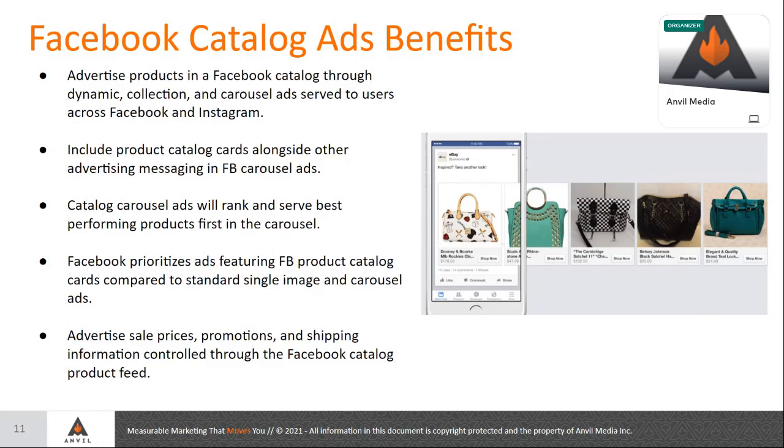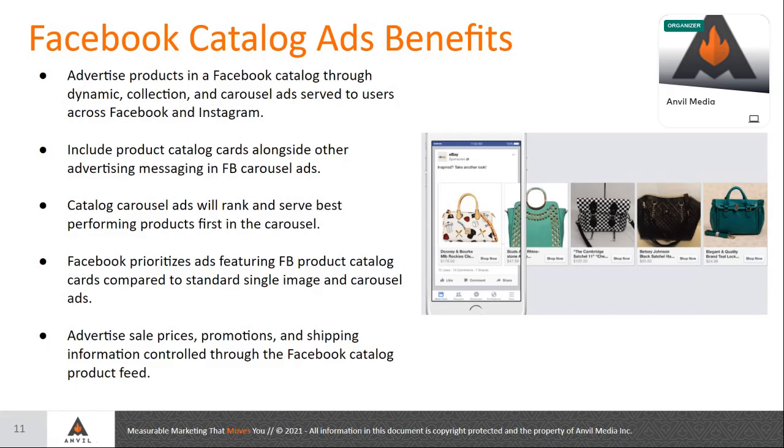Facebook also prioritizes ads featuring Facebook product catalog cards compared to standard single image or carousel ads. So if you were to upload a Facebook carousel ad or a single image ad and not utilize Facebook catalogs, but still have the ad very much feature products, you could conceivably manually enter pricing information and product information through Facebook Ads Manager.